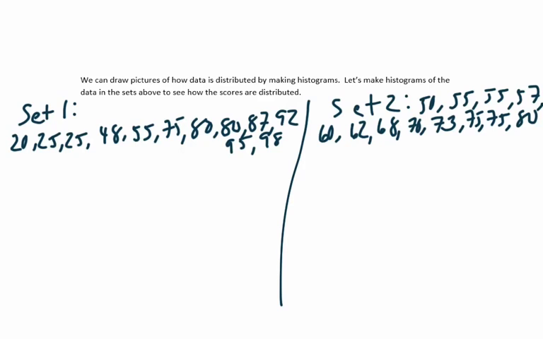So for set 1, because the numbers go from the 20s up to the 90s, I'm going to count by tens. You can count by ones, fives, tens, hundreds, whatever makes sense for you depending on the data. Don't get locked into thinking you always count by tens. I'll try to show you why on the next slide.